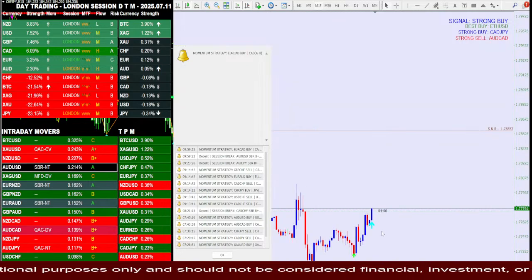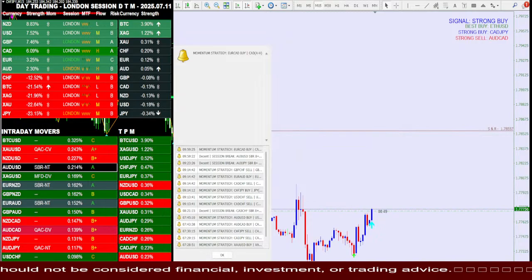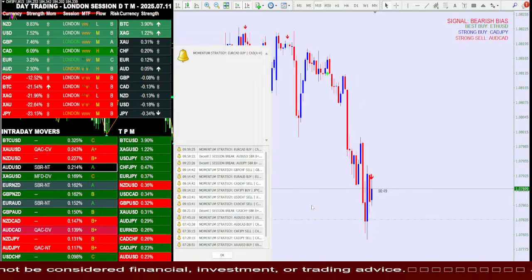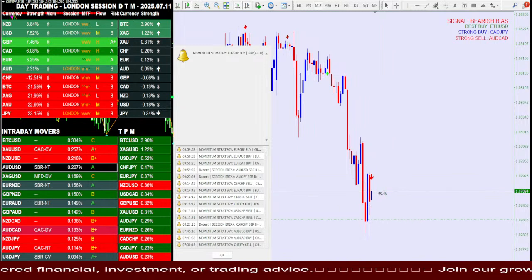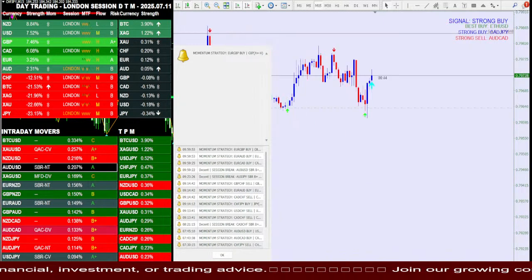The Euro AUD is just entering into the profit area of the buy order, and the GBP CHF is in the negative area of the sell order, and the US dollar CHF is also in the negative area of the sell order.